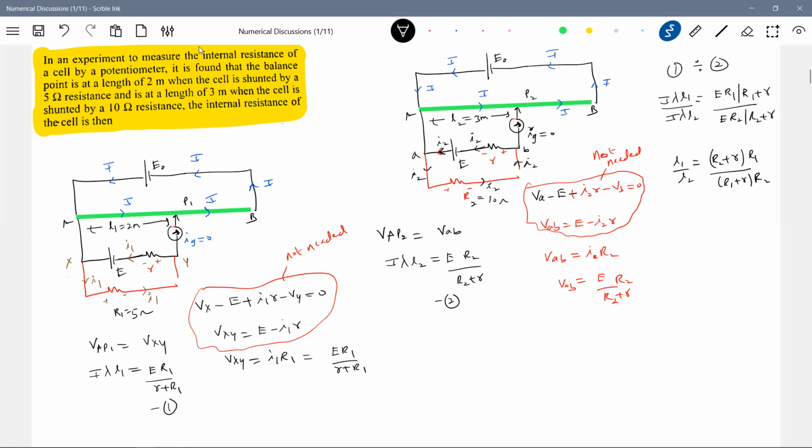Don't go for lengthy calculation, just substitute the values because small r is unknown, no? L1 is 2, L2 is 3. The resistance we have connected, R2 is 10 plus R. This is 5, so this will be 5 plus R. This is 10. So this will be 2 by 3 equal to 10 plus R by 5 plus R. Anybody got the value?